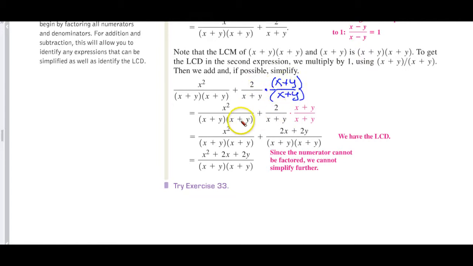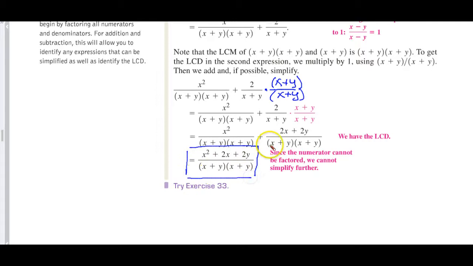Now you have the equivalent fractions, I should say, that you can deal with. So now your common denominator is this, and you just add your numerators. Now you might say, can this factor into something? And the answer is no. So that would be your final answer.